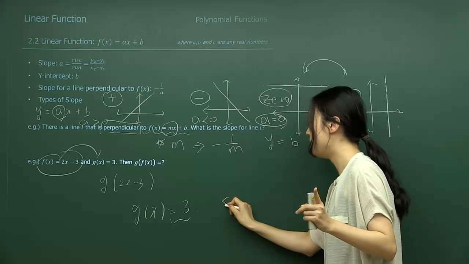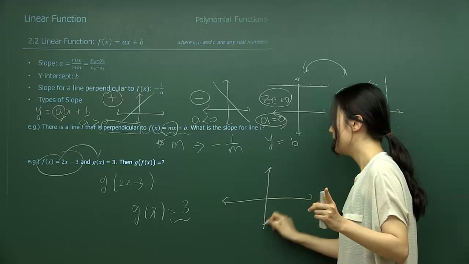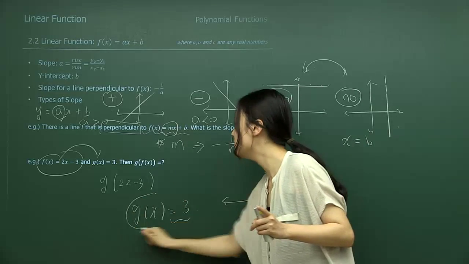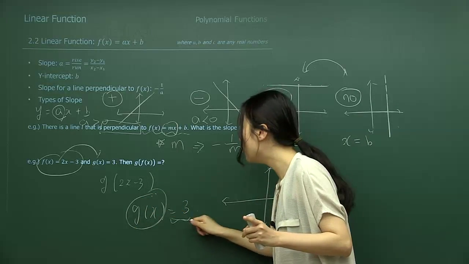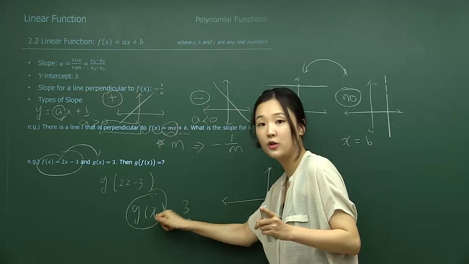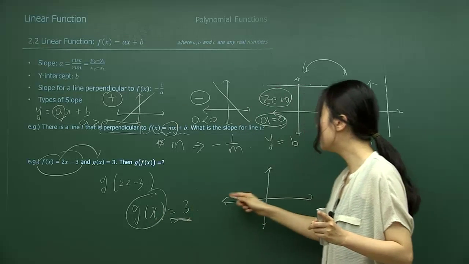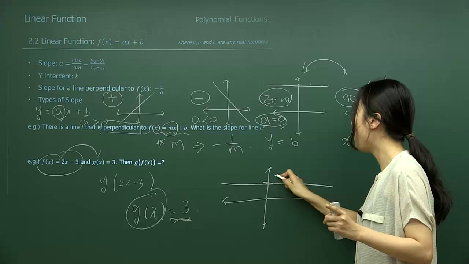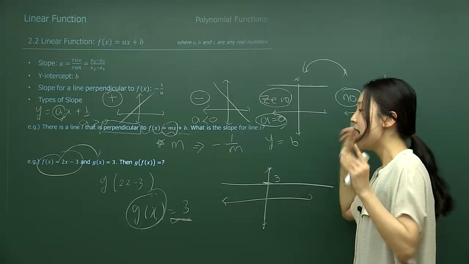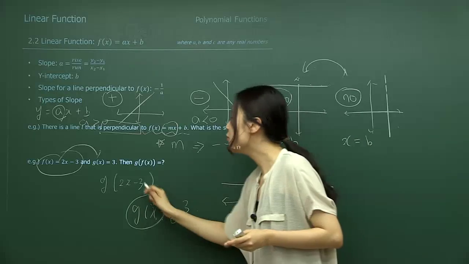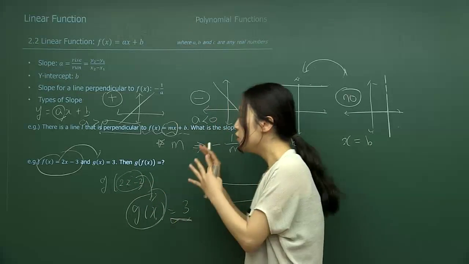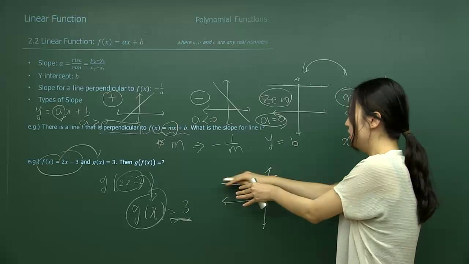You see how g of x, the y value, is always 3, no matter what your x is? So this will give you a horizontal line passing through the y-axis at 3. And whether you plug in 2x minus 3 as x or not, your y value, your 3, will not change.